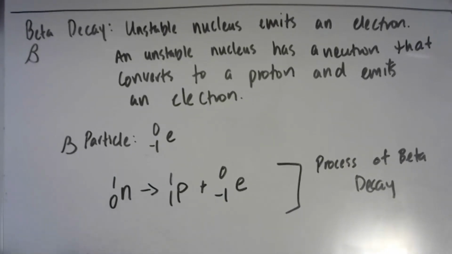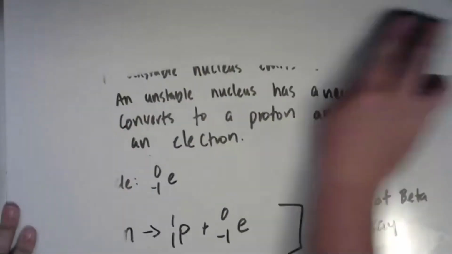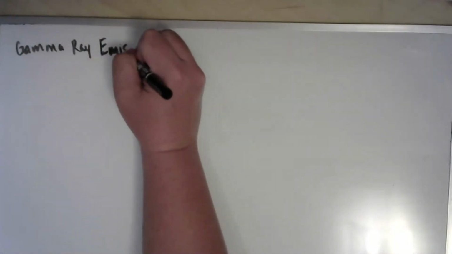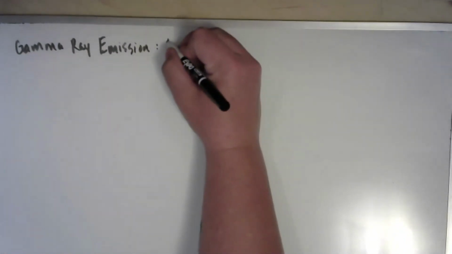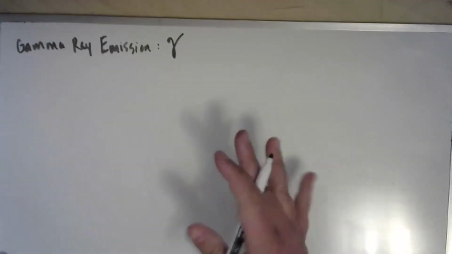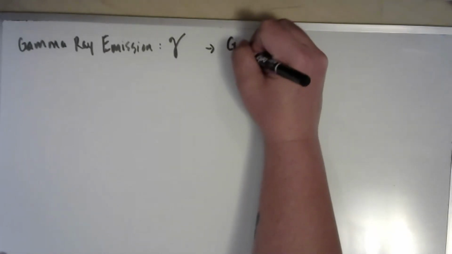All right, that's alpha and beta. The next one is going to be gamma ray emission. Remember, your gamma radiation is going to be that really high energy radiation. Your gamma ray is going to look like a weird little symbol like that. Your gamma rays have no charge, they have no mass.